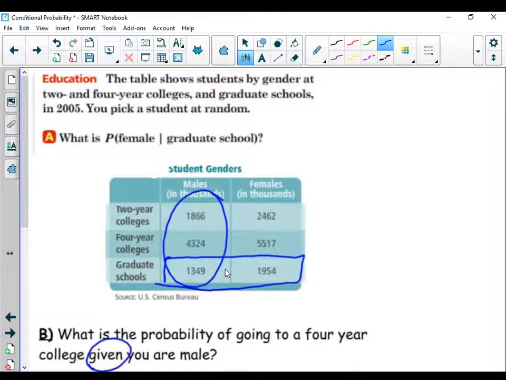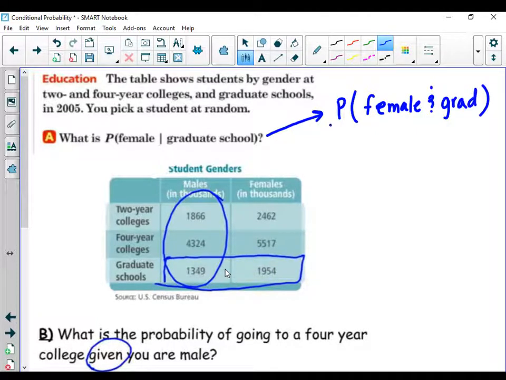Is it more writing? Yes. But if we say the probability that it's a female given it went to graduate school, we're first going to find the probability that it's female and graduate school, all over my last one, which is graduate school.